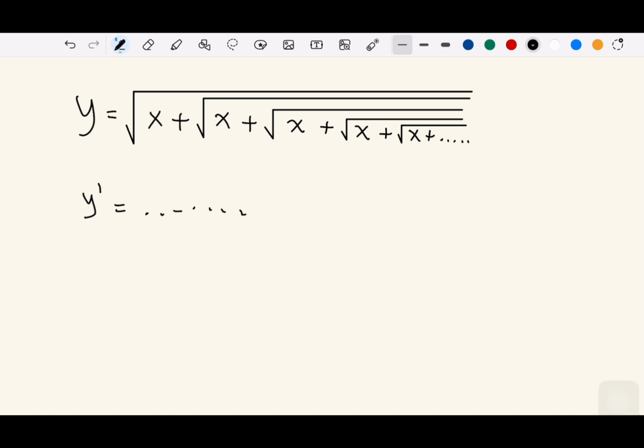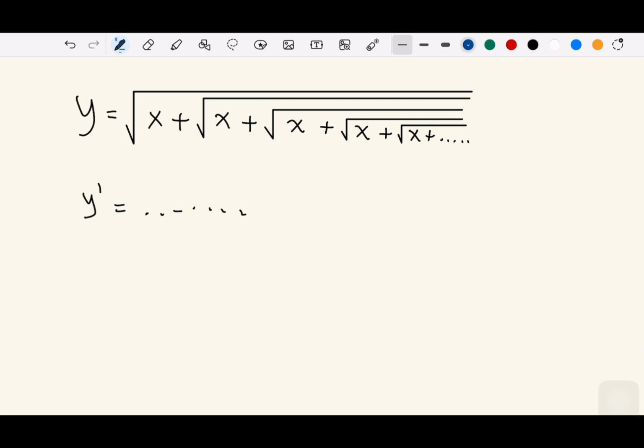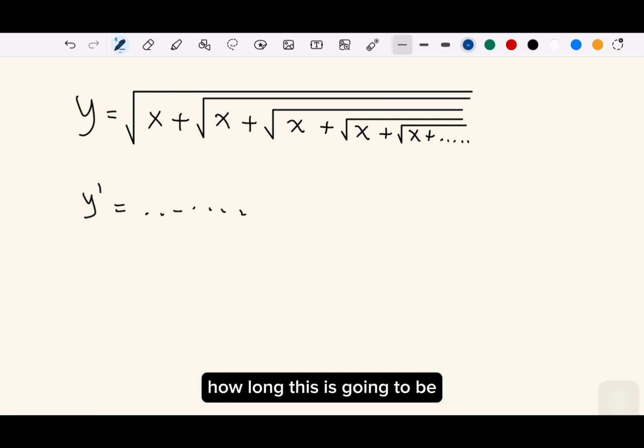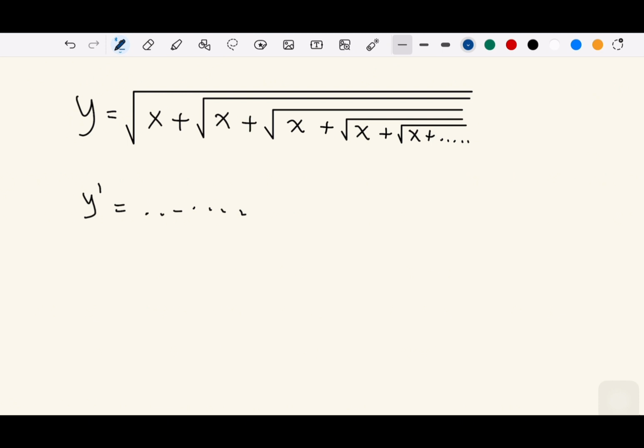You get an idea? Okay, so we define this as y. And then the question is, this doesn't specify how long this is going to be. Like they say maybe it's going forever. That means if we just look at the second part, the square root here, we can think of this as y, right?